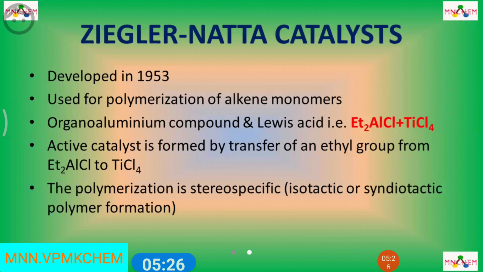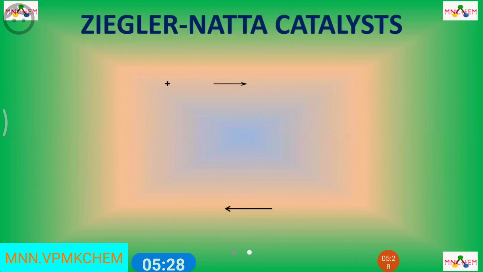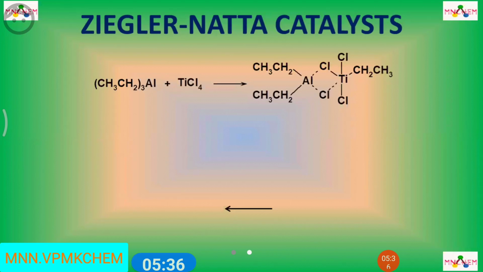So now let's discuss the mechanism of polymerization which involves the Ziegler-Natta catalyst. The formation of the active Ziegler-Natta catalyst is shown here, where we have this triethyl aluminium, which reacts with this titanium tetrachloride, and a coordination complex is formed.